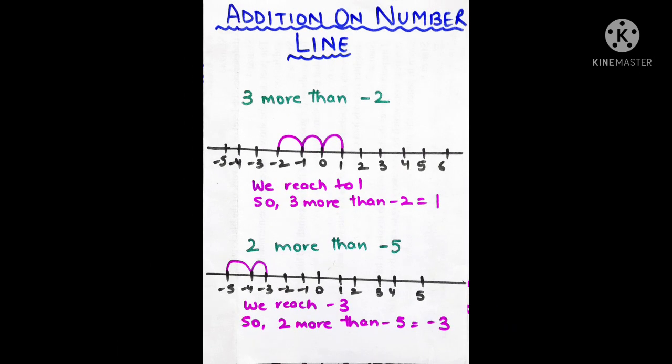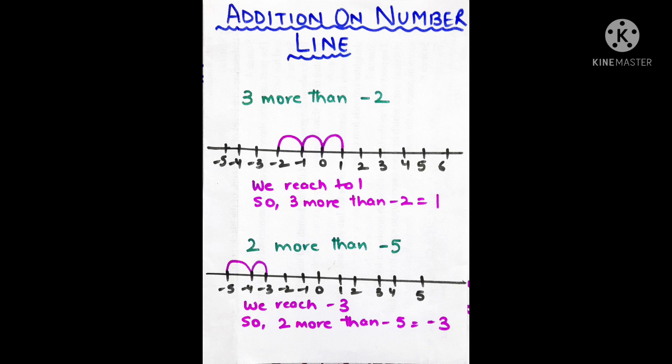Now we will discuss addition on the number line. When we want to find out 3 more than -2, we draw a number line like you can see on your screens. Then we start from -2. 3 more than -2 means we have to add 3 to -2. So we jump 3 steps ahead.